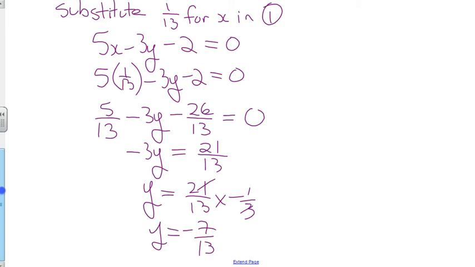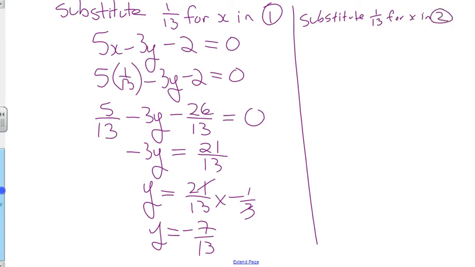Wow, that was fun, because if I'd stuck it into number 2, I would have had the answer. I already had the answer, right? I could just see it by inspection. So I'm going to show you. What if we put it in number 2? Substitute 1/13 for x in 2.